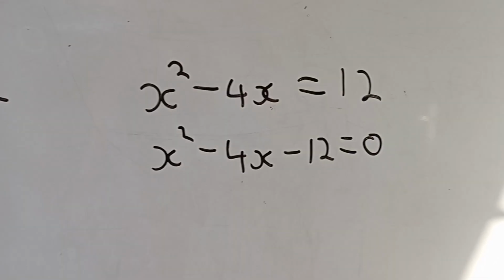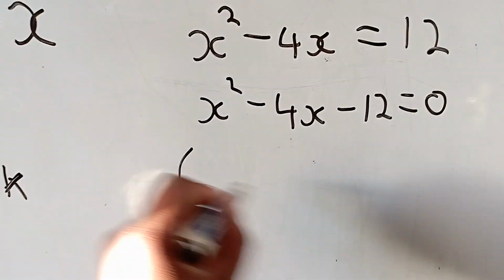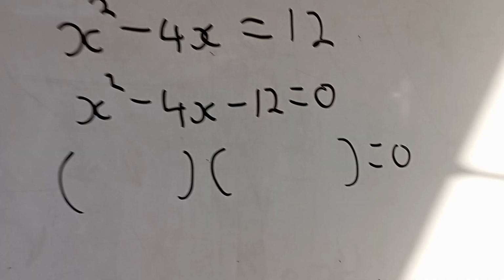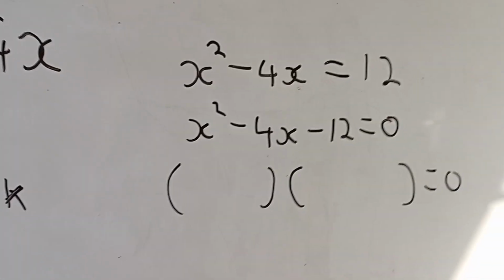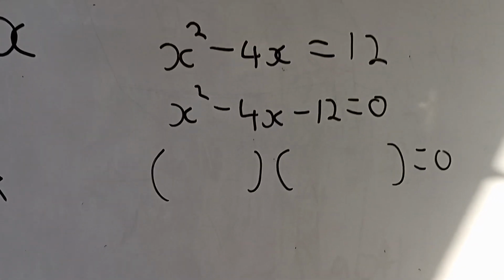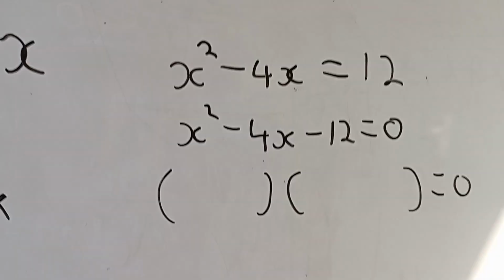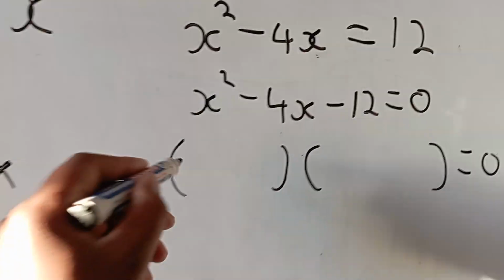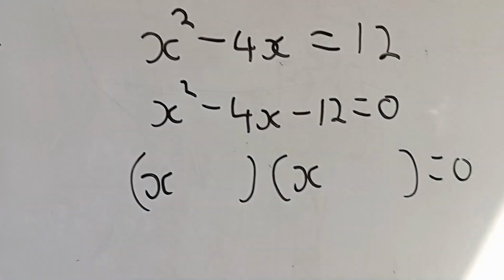When we have it like this, then we can factor out again. So x squared minus 4x minus 12, we can have what? x this side, x this side.